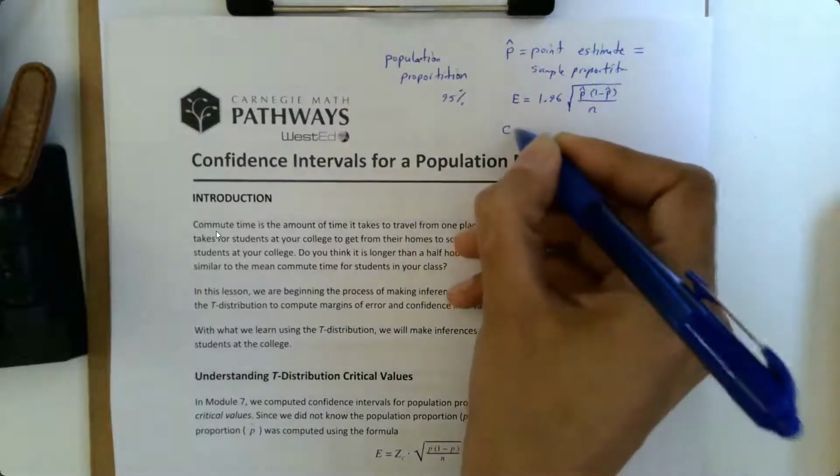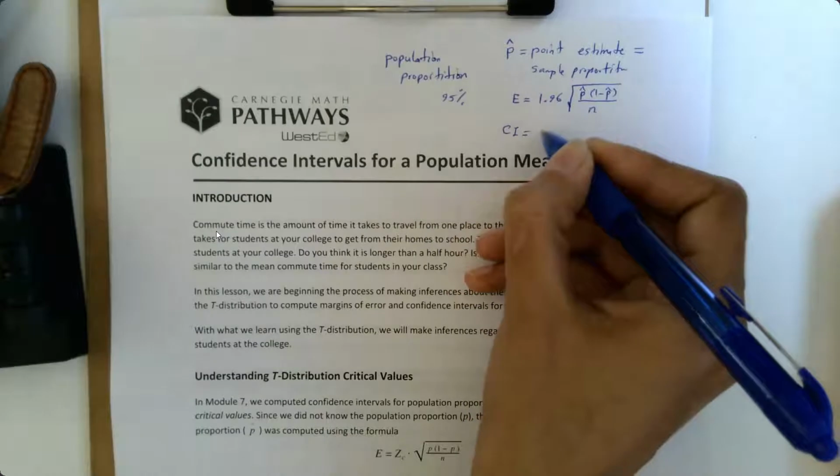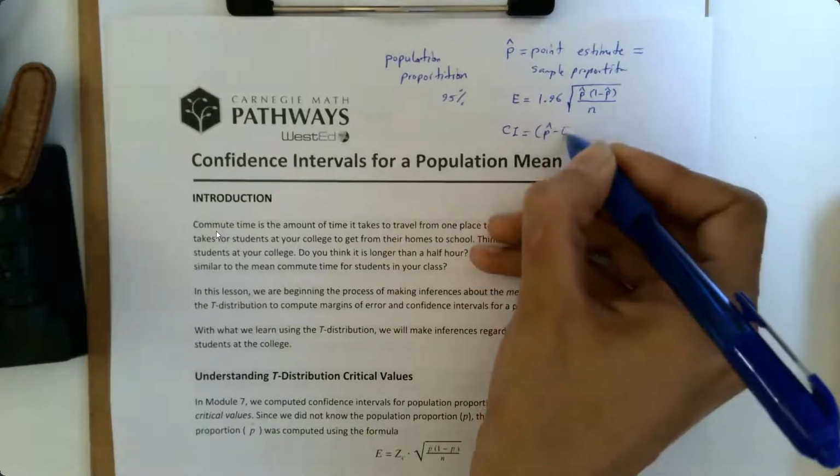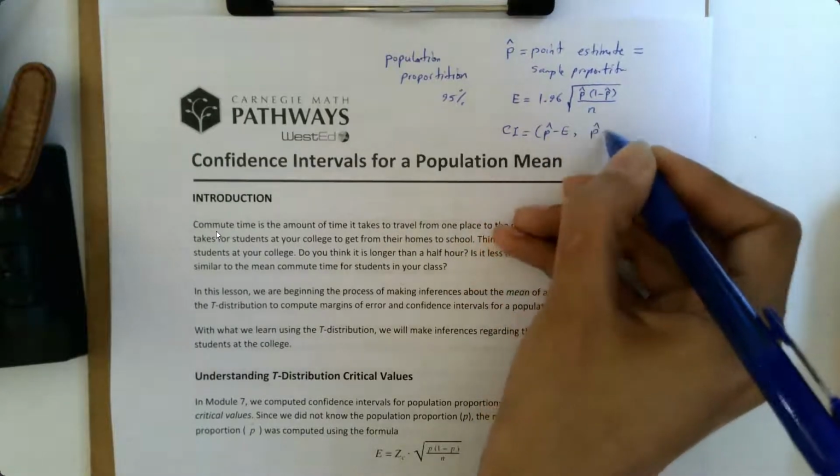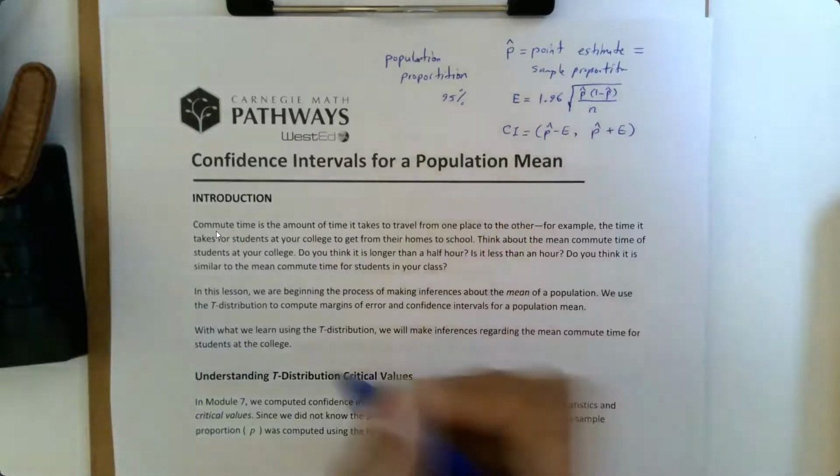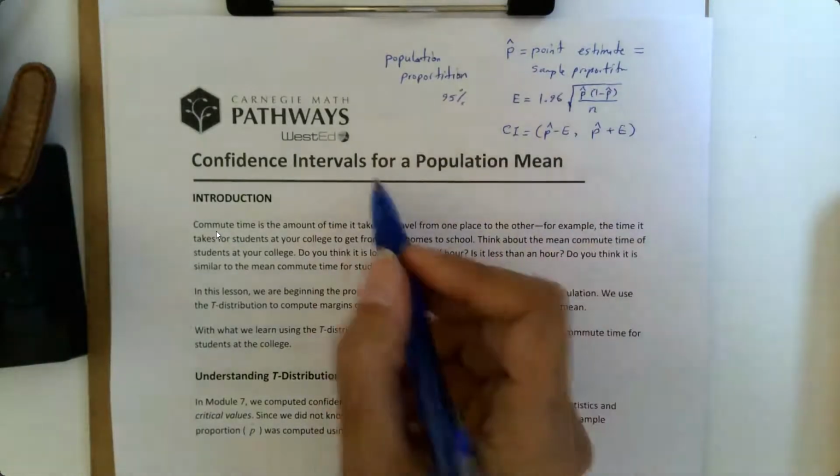Then our confidence interval was equal to p hat minus margin of error, comma, p hat plus margin of error. This is what we learned before.